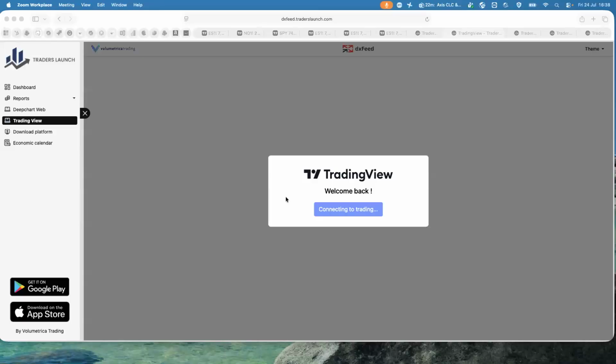I'm testing. So this is the Traders Launch account that I opened, right? It's connecting. I don't know what's happening, but it's just launching because I want to see how the platform works, so we know if it's legit. So here.